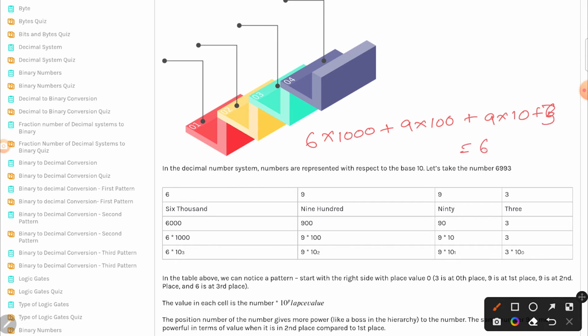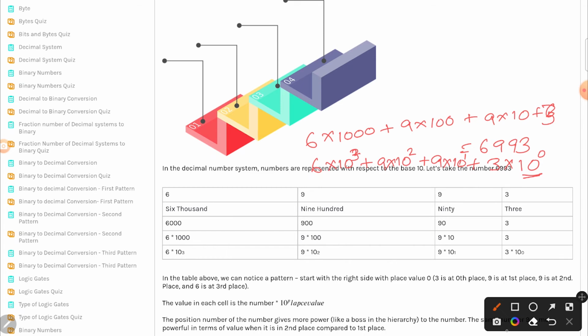This becomes 6993. You can also call this 6 multiplied by 10 to the power 3 plus 9 multiplied by 10 to the power 2 plus 9 multiplied by 10 to the power 1 plus 3 multiplied by 10 to the power 0, which is the 0th position. 10 to the power 0, any number with power 0 is 1. So this becomes 3 multiplied by 1, which is 3.